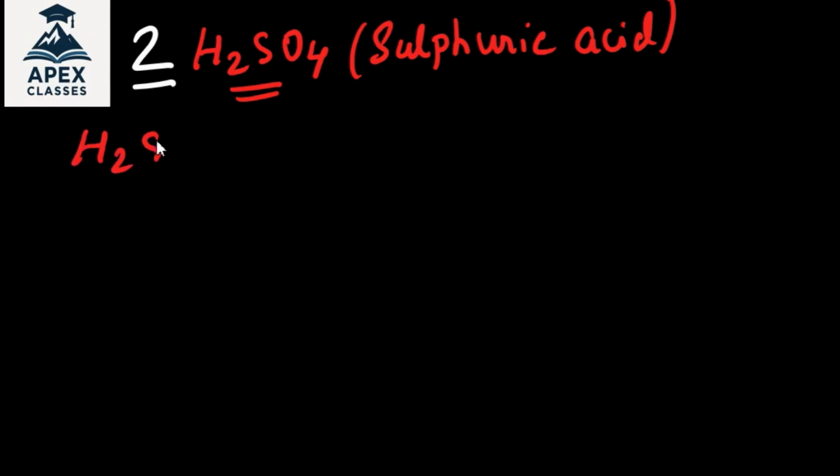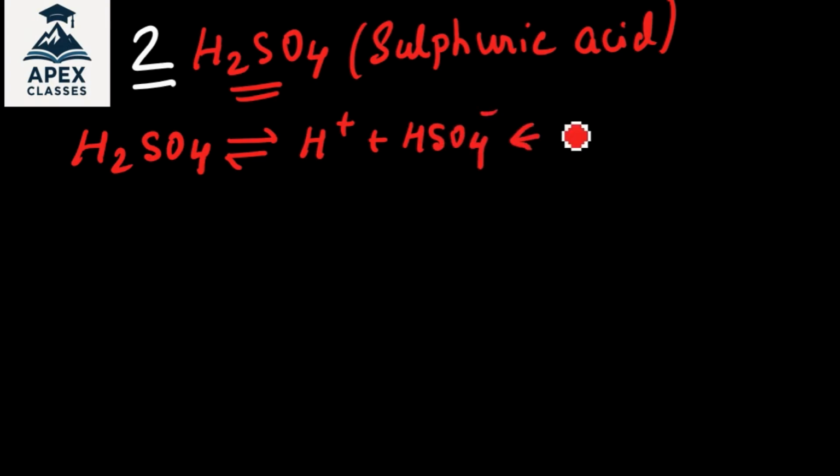So H2SO4, first and foremost, will give us H plus and HSO4 minus. Clear? This is the bisulfate ion. Then what will happen? This will again react.